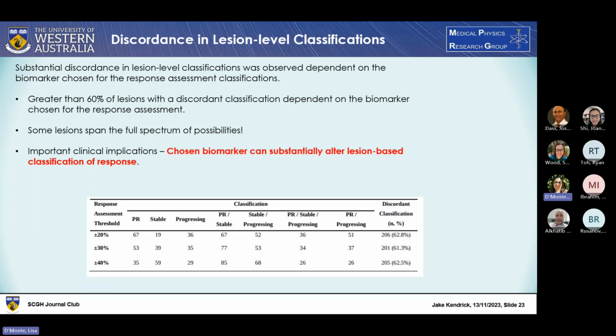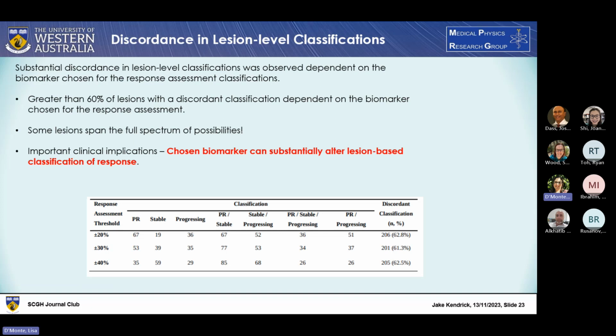Now, one thing I wanted to look at was, okay, we've got these different biomarkers that we can use to measure radiographic response, the stability or progression at the lesion level. What is the actual discordance in those, right? So, for example, if you choose volume to make your classification of the individual lesions, as opposed to choosing SUV mean, does that give you a different classification, right?